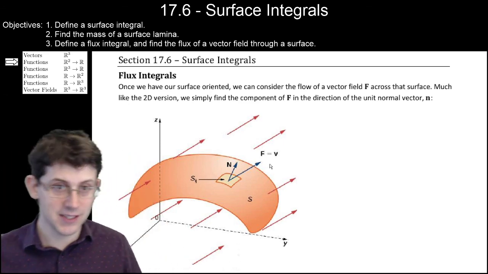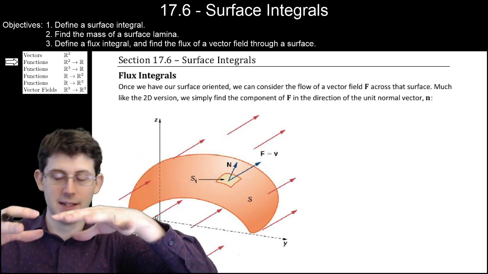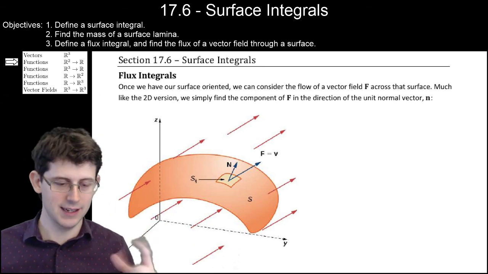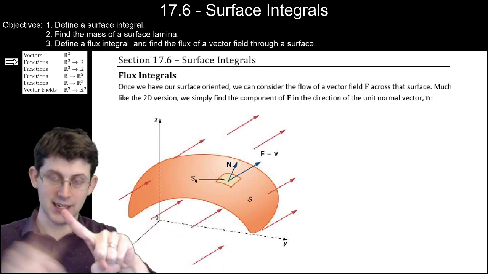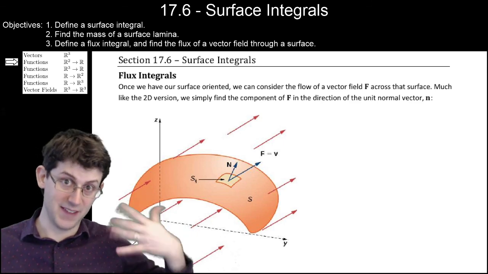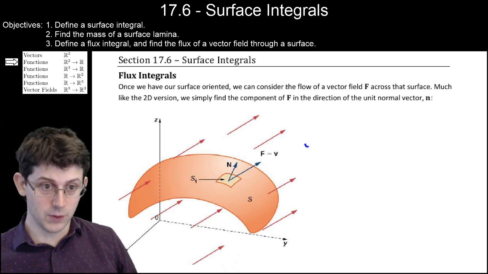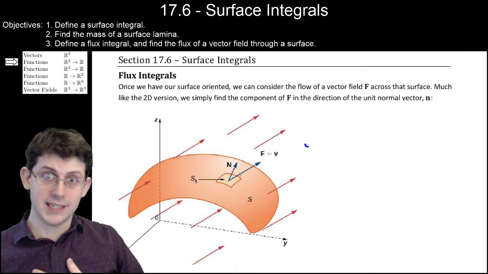Once you've oriented your surface, then you can take your surface and drop it into a vector field, which remember in 3 dimensions, our idea of a vector field is that at each point in space, there's wind, and wind has a direction and a magnitude. So that's a vector at each point. So we can try to figure out what's the flow of the vector field across that surface.